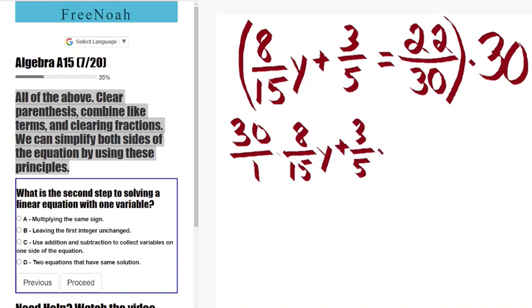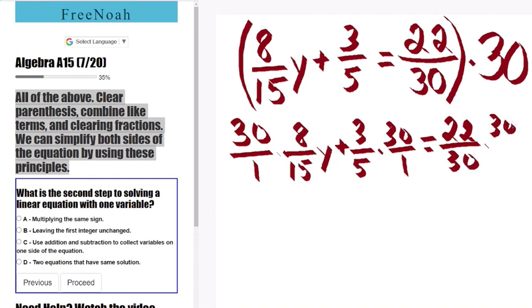Next, we have 3 over 5 times 30 over 1. Drop down the plus sign, drop down the equal sign, and for our last distribution, we have 22 over 30 times 30 over 1.